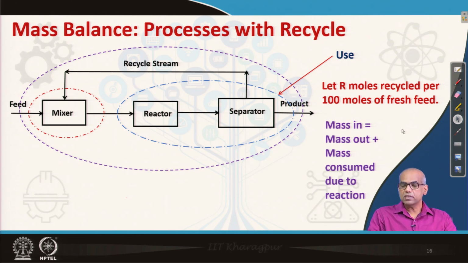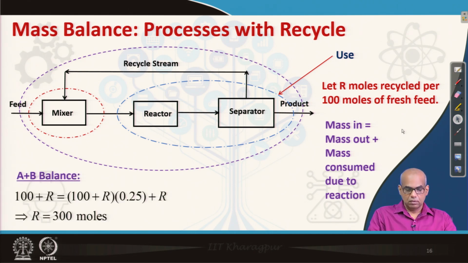Let R moles recycle per 100 moles of fresh feed. Now, you write the mass balance as mass in will be equal to mass out plus mass consumed due to reaction. So, now write A plus B balance.